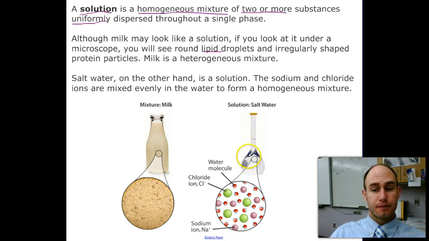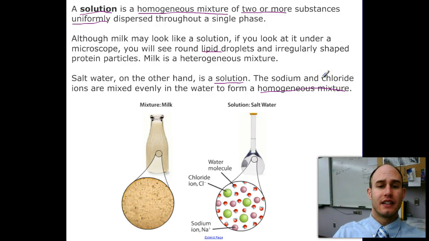Whereas salt water is a true solution, because the sodium and chlorine ions are completely dissolved in and amongst all of the other water molecules. So this makes it a homogeneous mixture, which again is a solution.